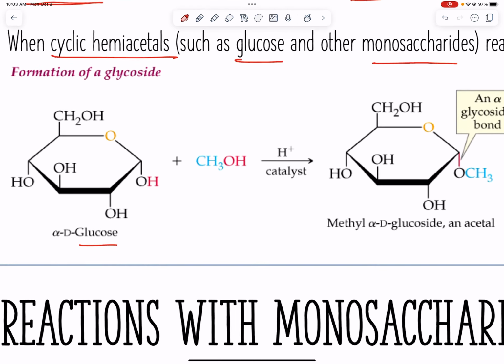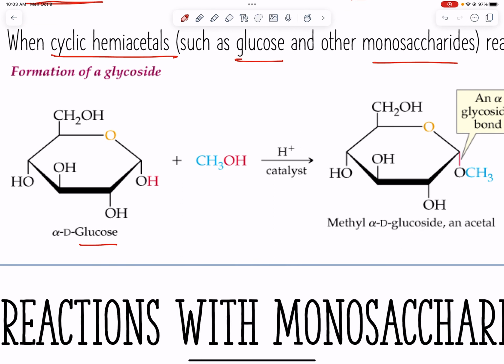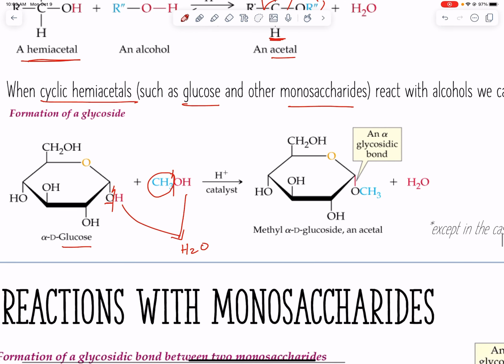What is going to happen, focusing on the part in blue and red, we are going to break off the hydrogen and the OH from the alcohol, and these are going to come off to give us water. We always get water as a byproduct of this. And then the alkyl-based substituent is going to link up to the oxygen to give us a new carbon-oxygen bond, which is going to give us a second ether group. So it's turning this hemiacetal into an acetal.